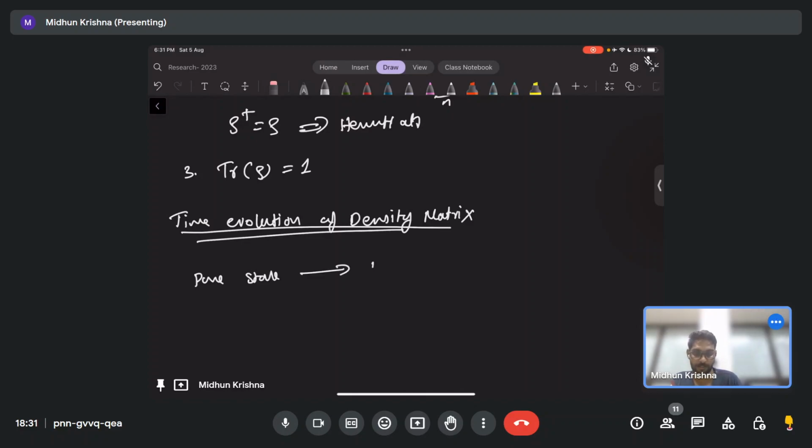We have the time-dependent Schrodinger equation. It's basically i h-bar d psi by dt equals H psi. We all know this, right?